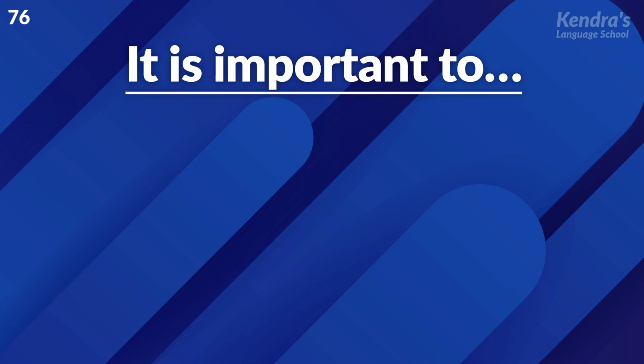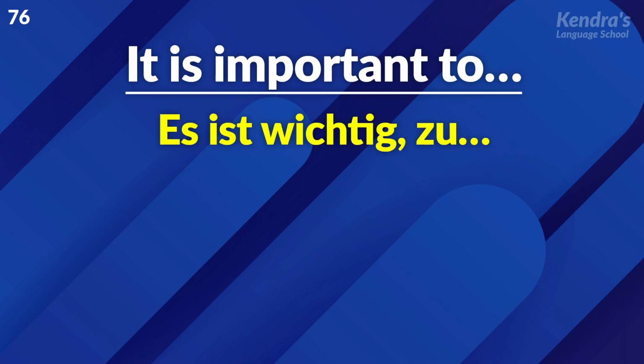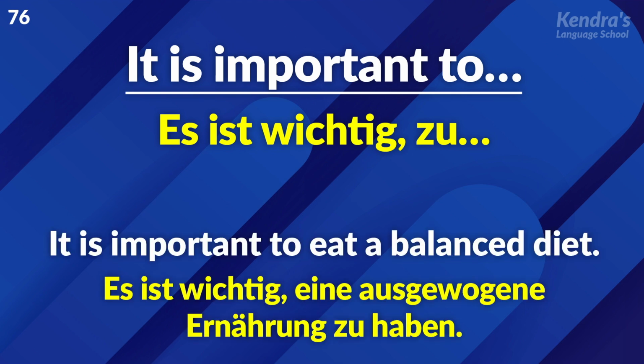It is important to. Es ist wichtig, zu. Wird verwendet, um die Wichtigkeit von etwas zu betonen. Es ist wichtig, eine ausgewogene Ernährung zu haben. It is important to eat a balanced diet.